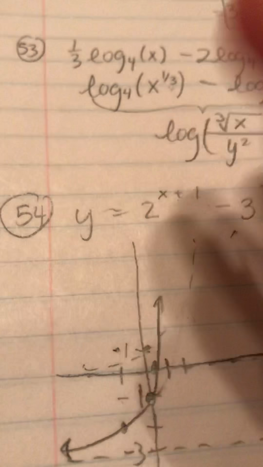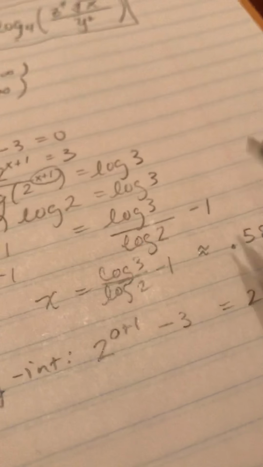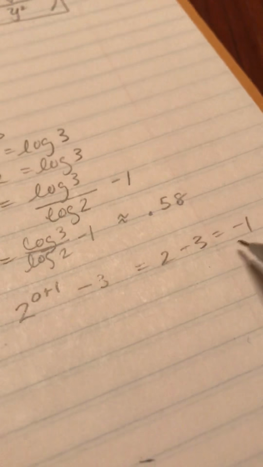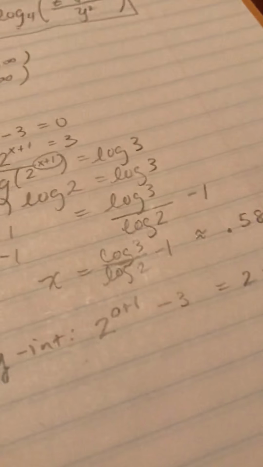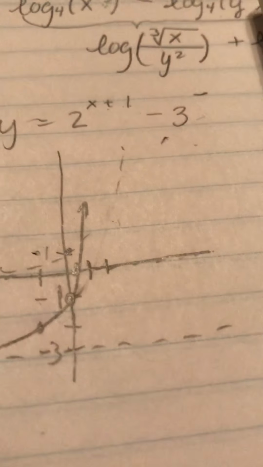So you can get those points at least approximately by setting it equal to 0 and solving for x to get the x-intercept, and plugging in 0 for x and calculating y to get the y-intercept. Otherwise, that's the graph.